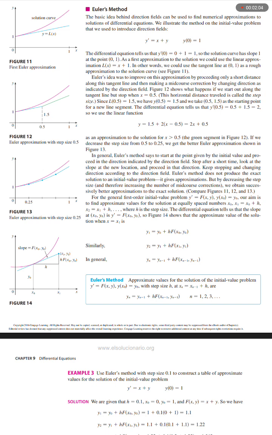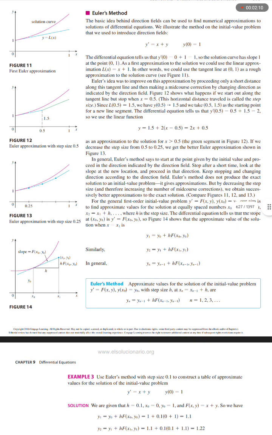Since L(0.5) = 1.5, we have y(0.5) ≈ 1.5, and we take (0.5, 1.5) as the starting point for the new line segment. See figure 12: Euler's approximation with step size 0.5.